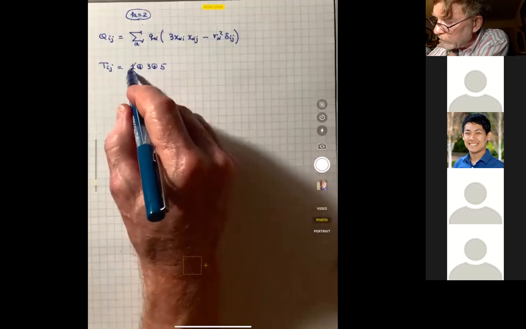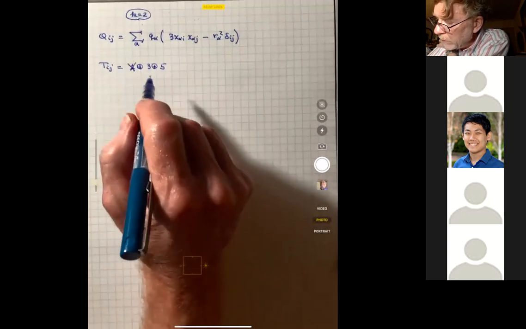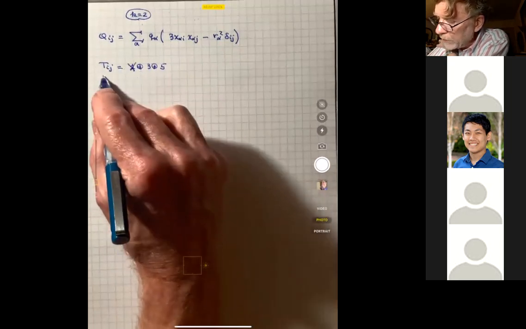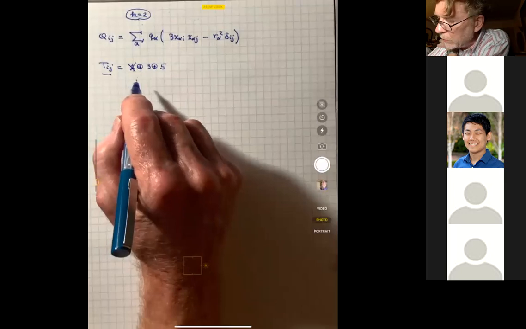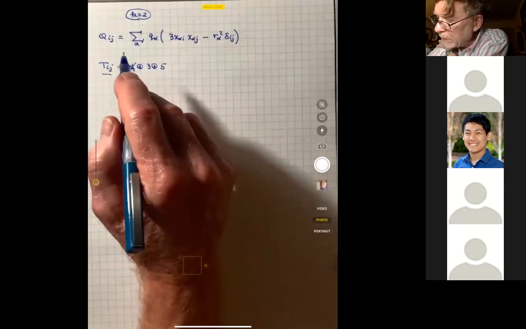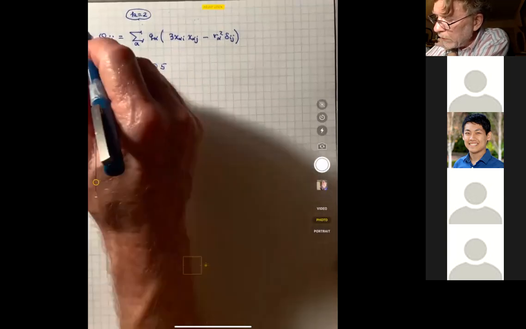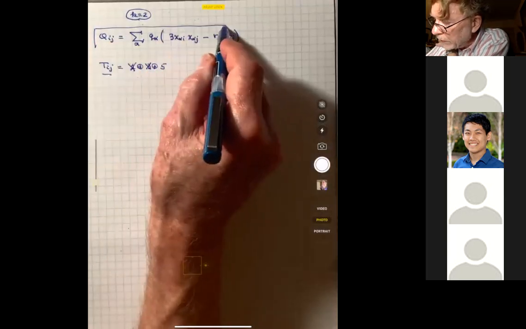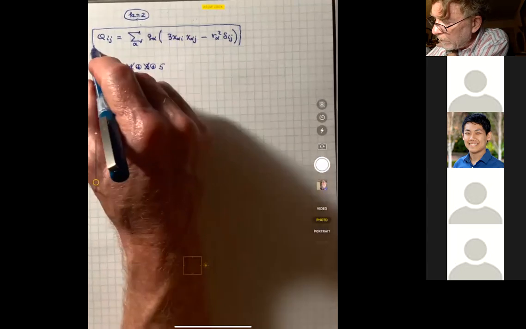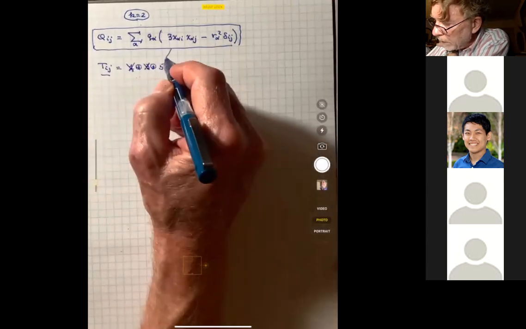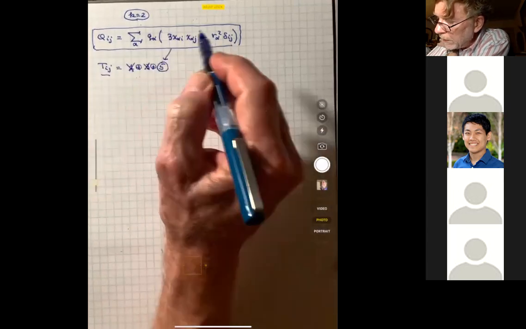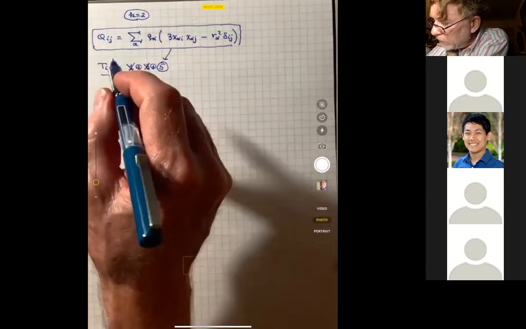So the 1 does not contribute. Also, the 3 here for an arbitrary Cartesian tensor was the antisymmetric part. But this Qij is symmetric, so it doesn't have the 3 either. So even though this Qij has 9 components, actually only 5 of them are independent. And those 5, if you form linear combinations of them, you can rearrange them.